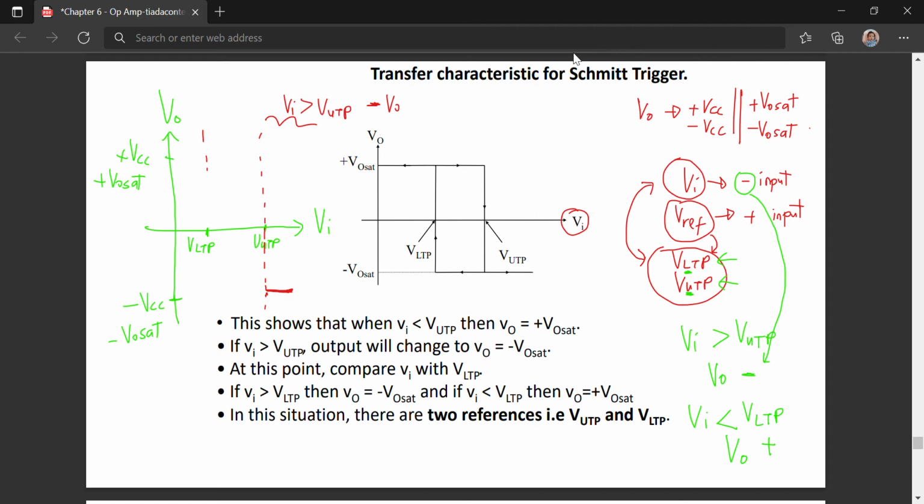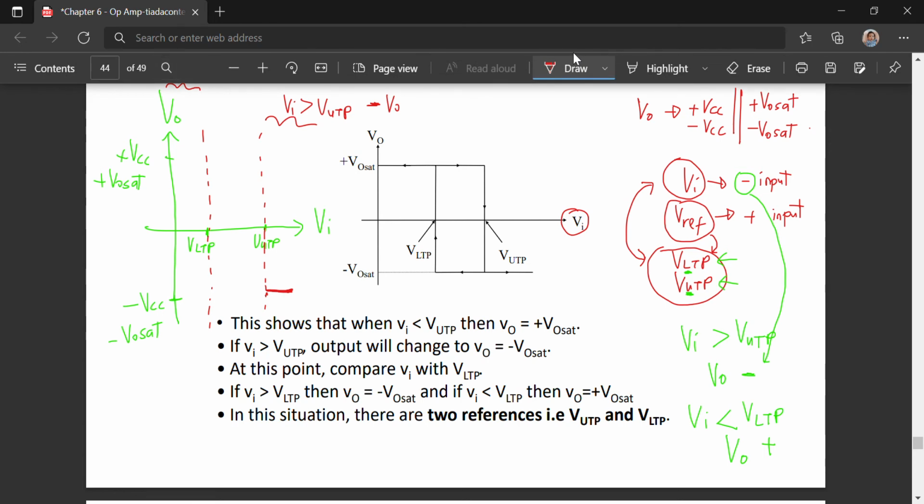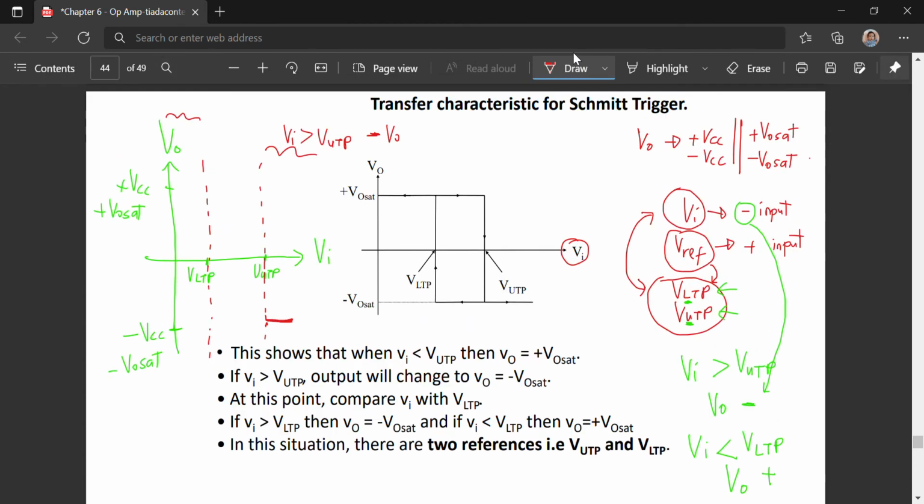So here at this part, VIN is less than VLTP, you will get positive VOUT. Okay, so you get these two lines.